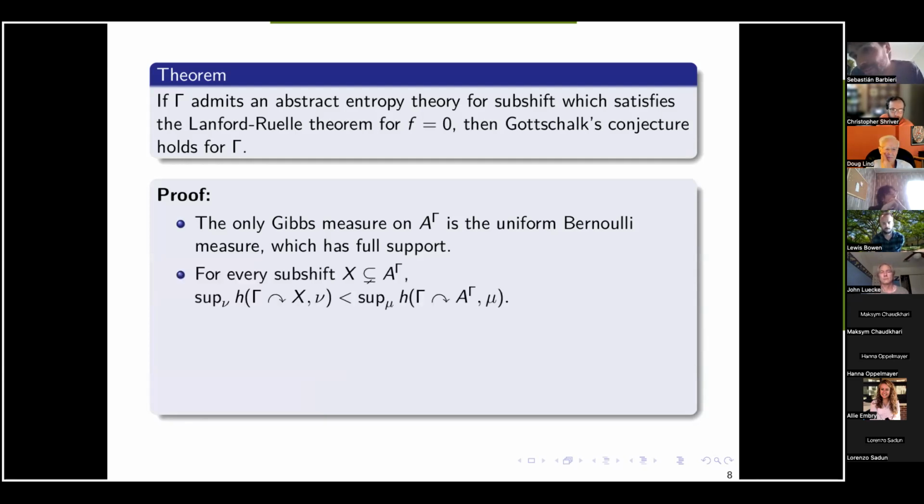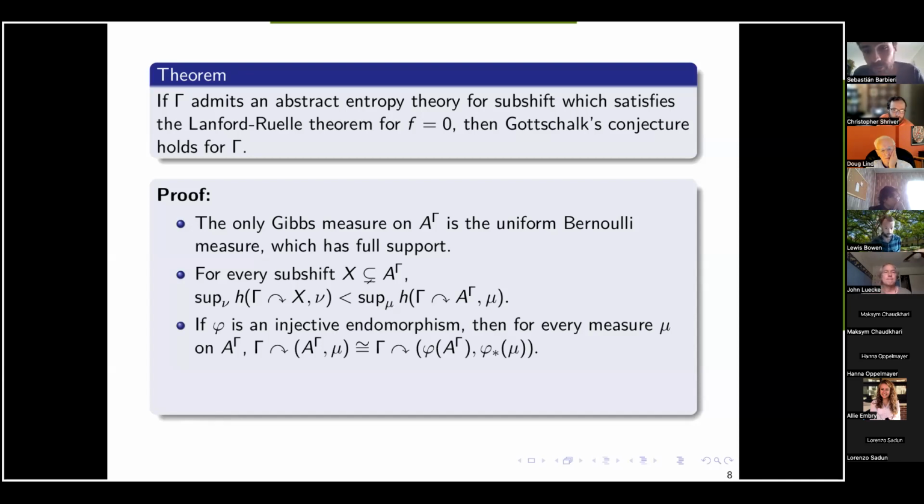Now, if I have a proper subshift of A to the Gamma, then the supremum of the entropies is going to be strictly less, because these measures have to be supported on X, and thus they cannot have the same value, because otherwise they would be Gibbs measures on the full shift, and then it would be the Bernoulli measure, right, which has full support. So I need to have that the supremum is strictly smaller.